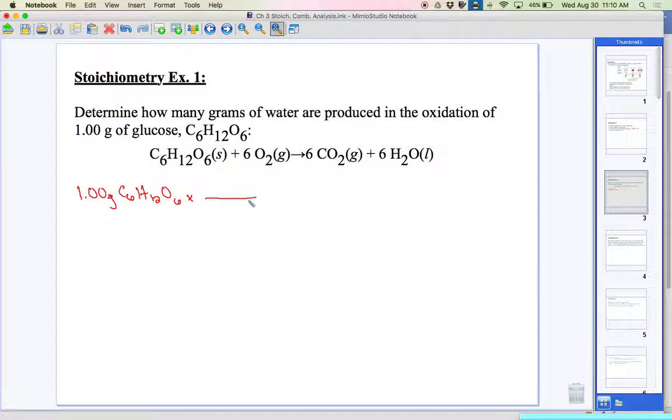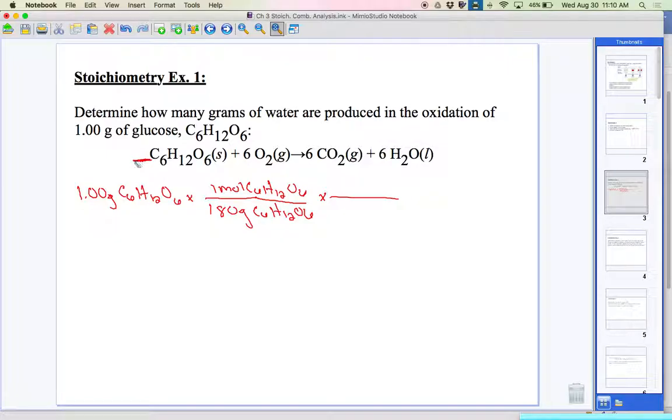Oh, I never put down the word of the day. All right, so grams to moles. What did you get for your molar mass for glucose? 180. All right, so that'll give us moles. Now we're ready to change substances, so we need the mole ratio from the balanced equation.